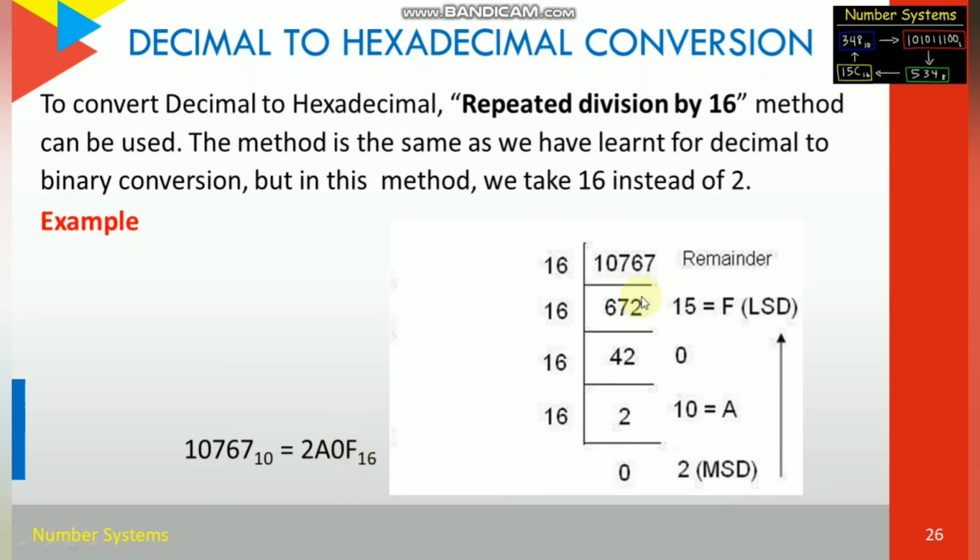So 10767 base 10, after converting it into hexadecimal, your answer should be 2A0F. Clear, children?